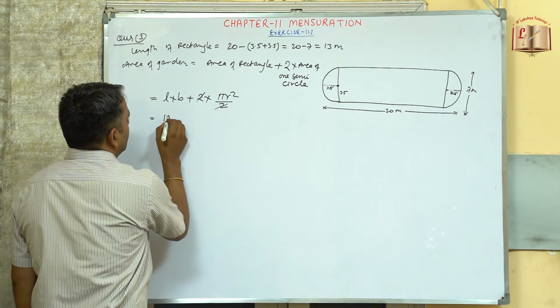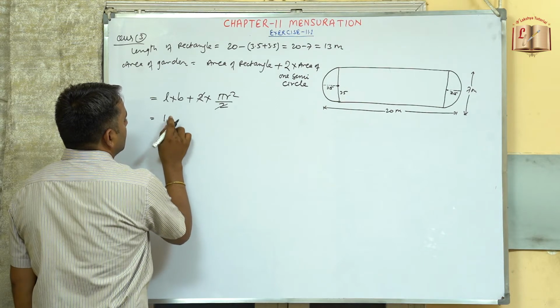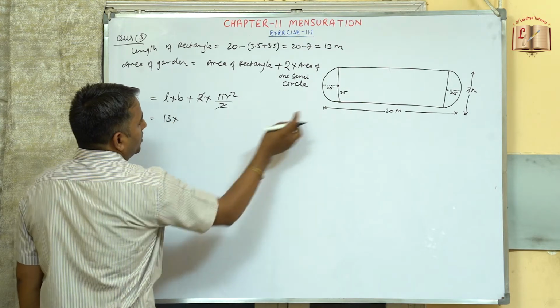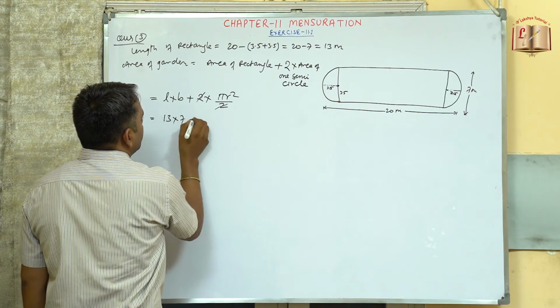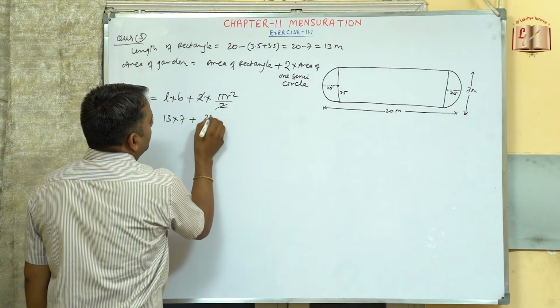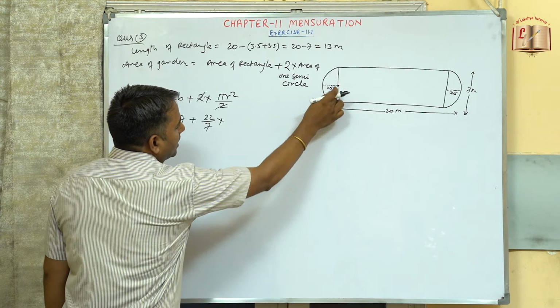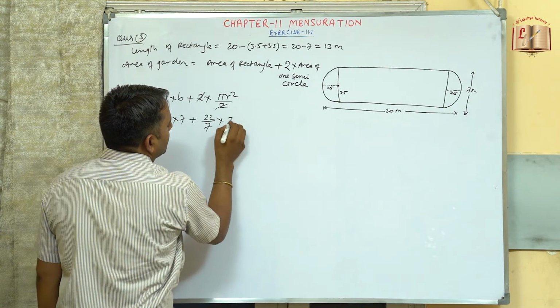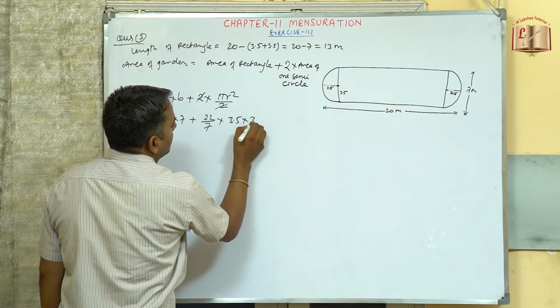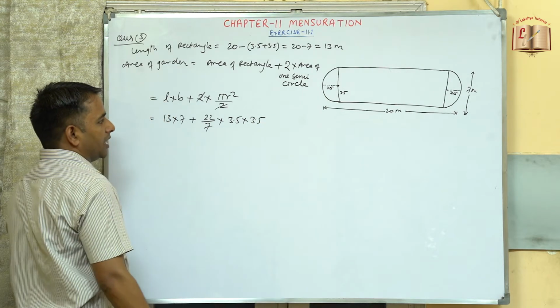So length is 13 into width, remaining the same, 7, plus pi, which is 22 by 7 into r square. Radius of this semicircle is 3.5, so 3.5 into 3.5.